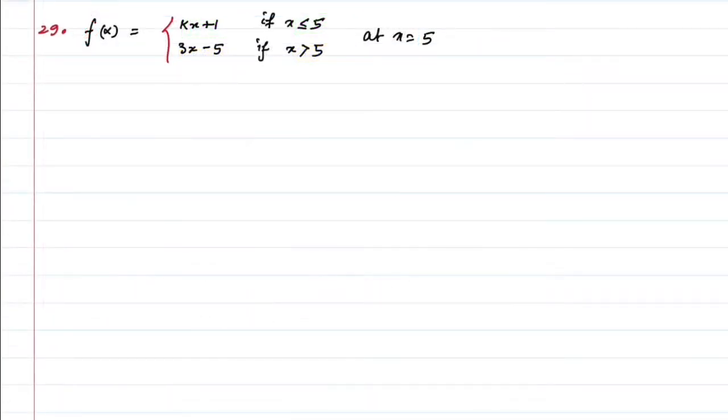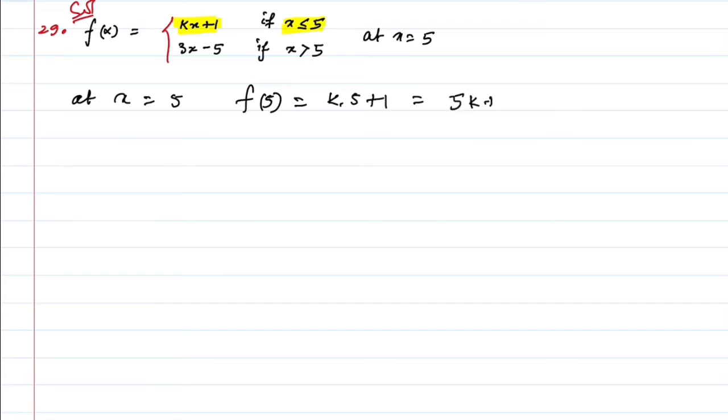Similarly, we can solve 29 as well. Let me write the solution here. The function f of x is equal to kx plus 1 when x is less than or equal to 5. So at x equal to 5, f of 5 is equal to k into 5 plus 1, that means 5k plus 1.